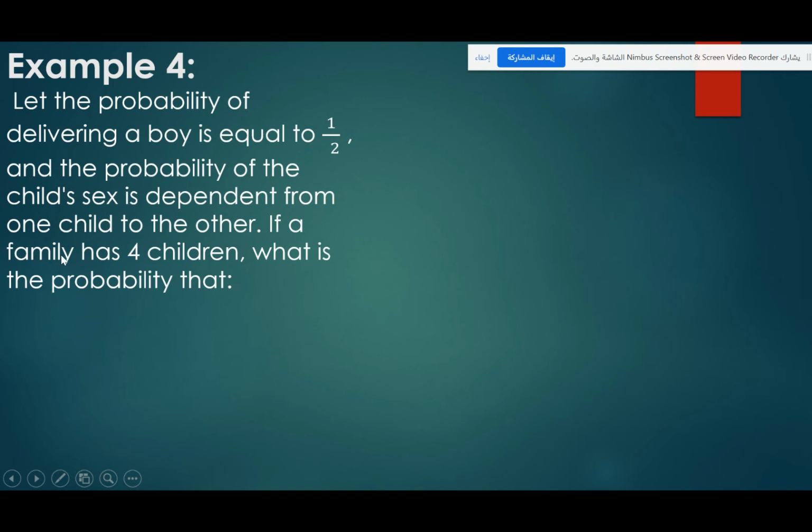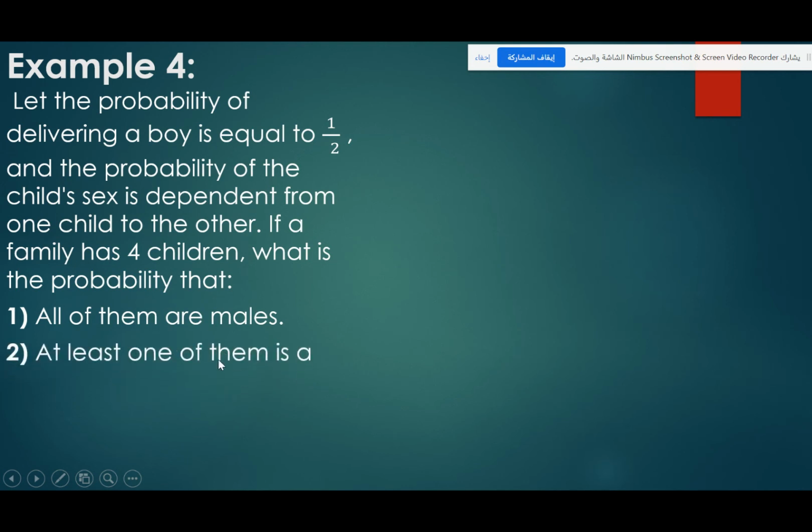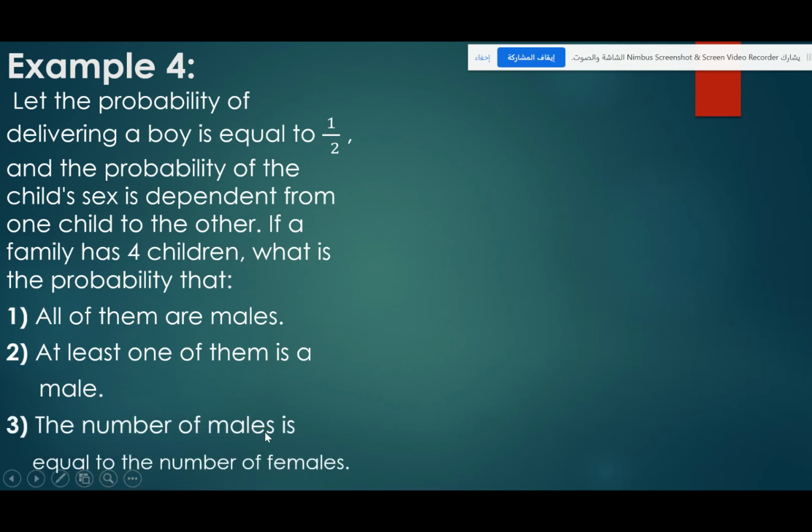If a family has 4 children, what is the probability that: one, all of them are males; two, at least one of them is a male; three, the number of males is equal to the number of females?